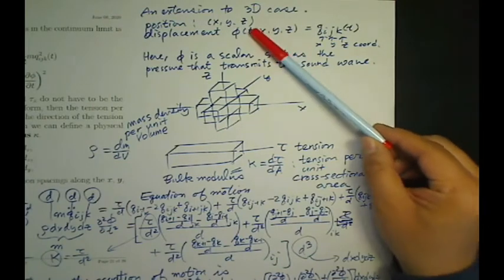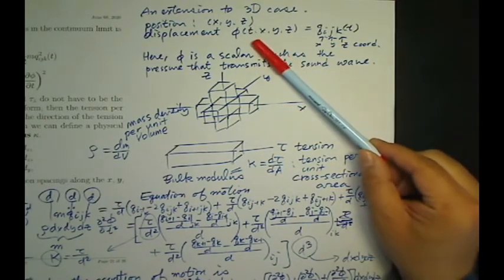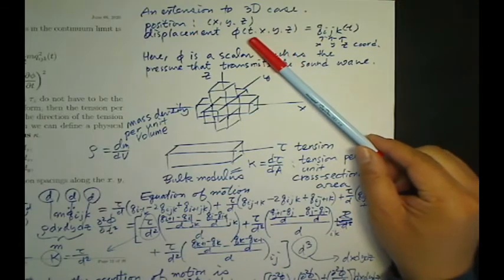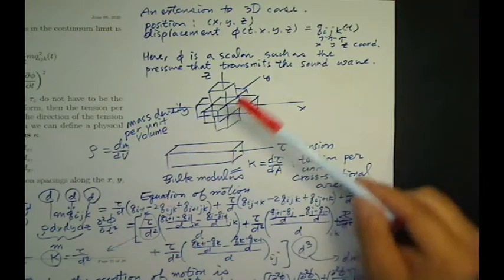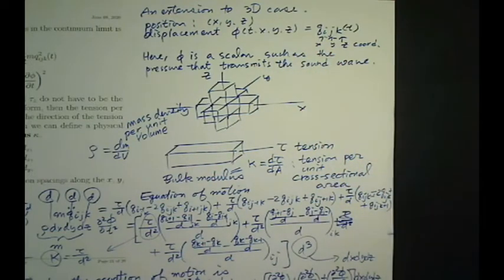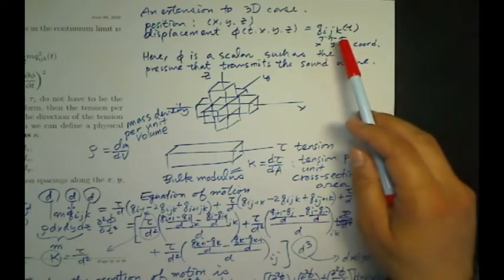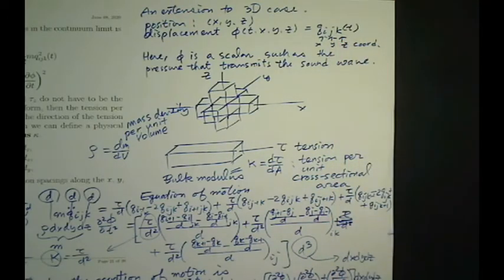Again, we need a time-dependent field that depends on the time and positions, and x, y, z are continuous variables determining the position in space. But if we are solving the problem in a discrete way, we could introduce three indices for the lattice: x lattice, y lattice, and z lattice, with indices i, j, and k.